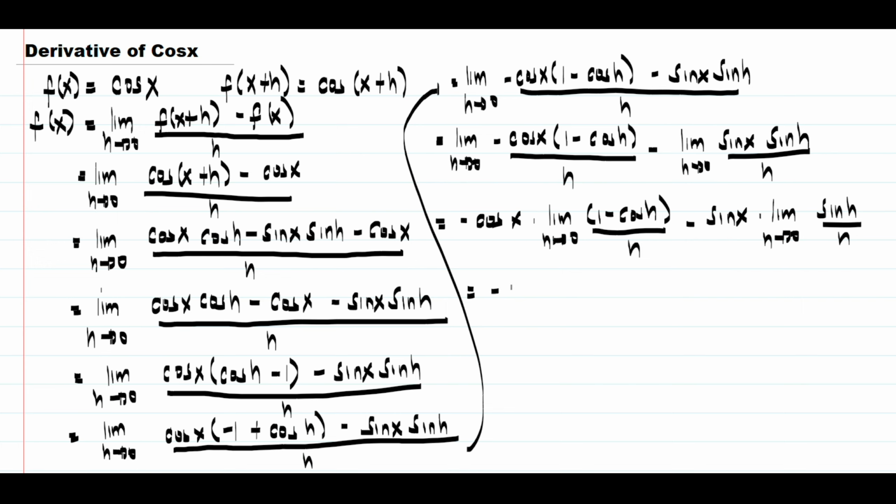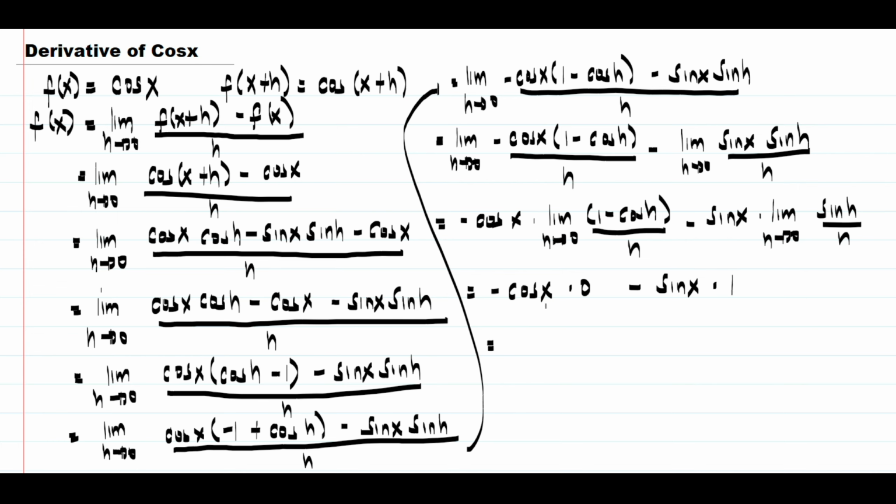So let us write negative cosine x, and the limit of 1 minus cosine h over h as h approaches 0, that is 0, minus sine x, and the limit of sine h over h as h approaches 0, that is 1.